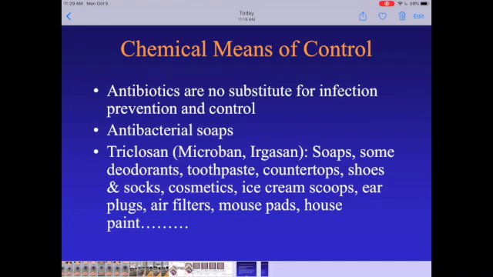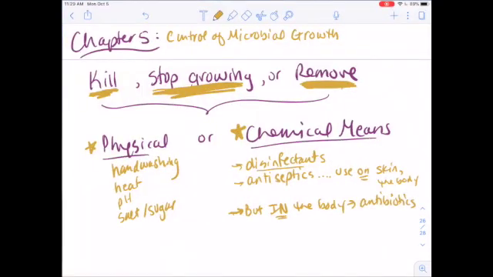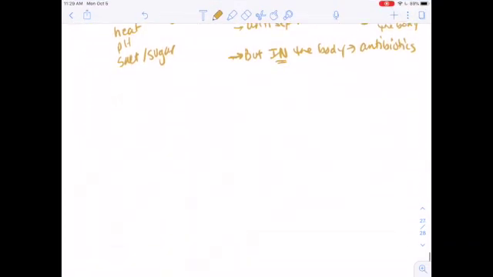There is one more form of chemical that I did want to talk about, but I don't have it on a slide here, so I'll talk about it here. And these are ammonium compounds. And they're very common in hand sanitizers.